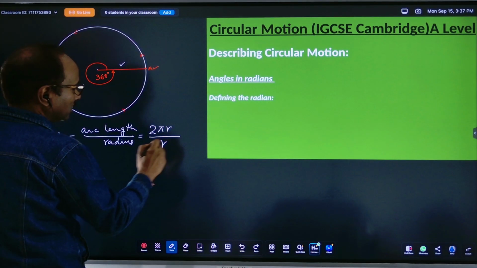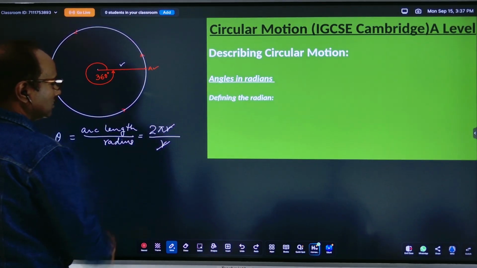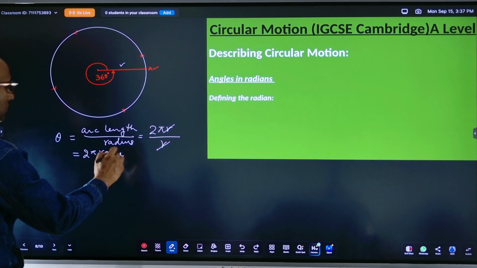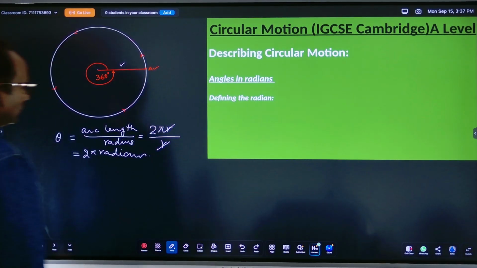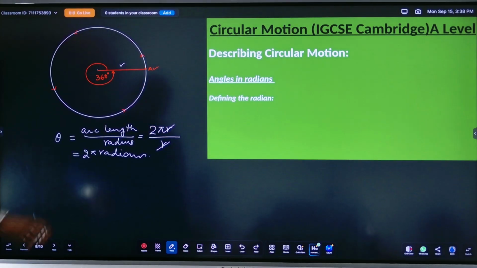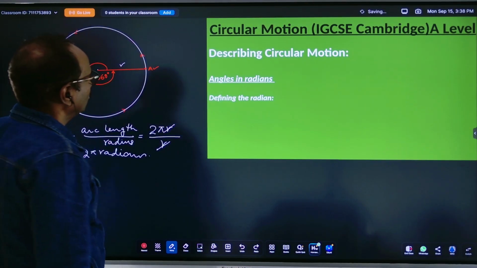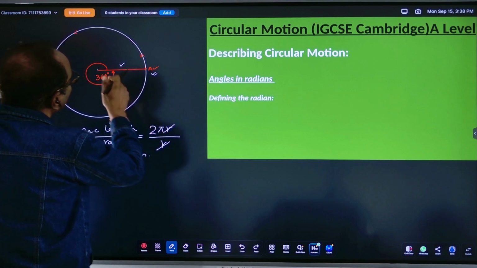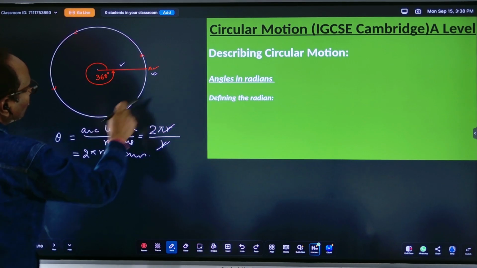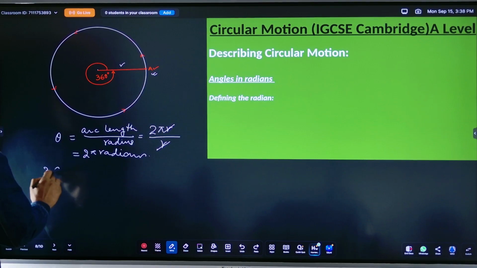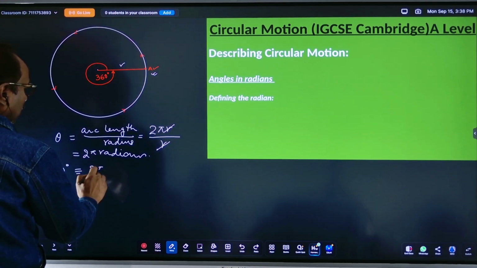So theta is 2 pi radian. In this 2 pi radian, how much angle in degrees did it rotate through, or how much angle has A made at the center in moving from A to A? It is 360 degree. So we can say that 360 degree is equivalent to 2 pi radian.